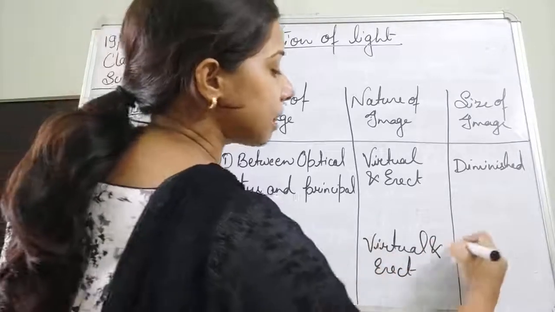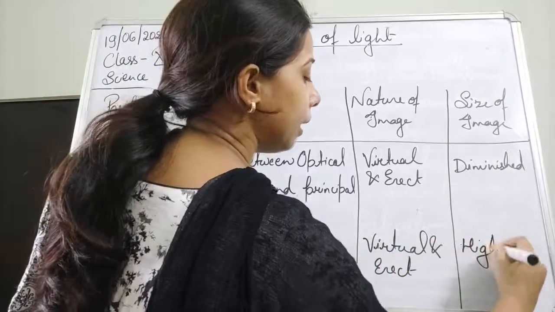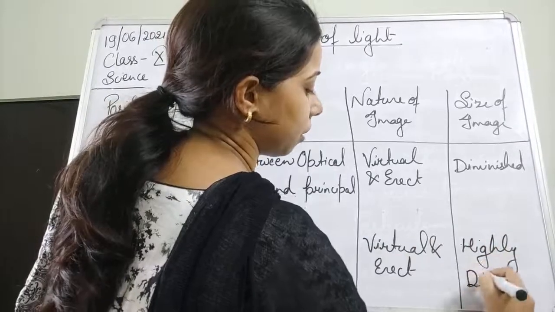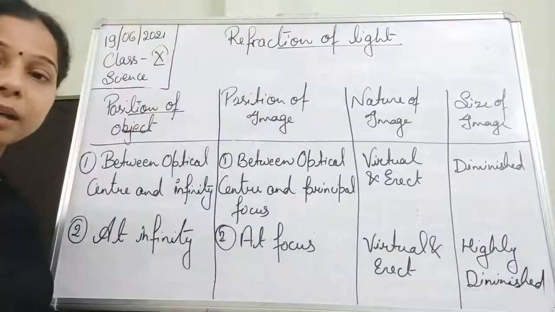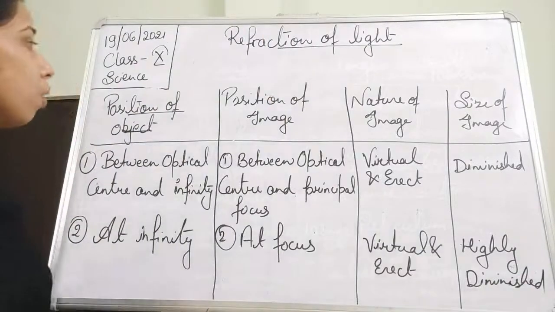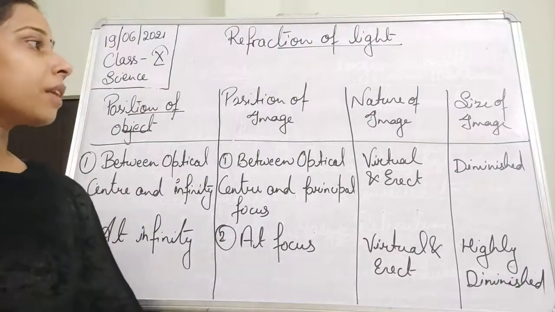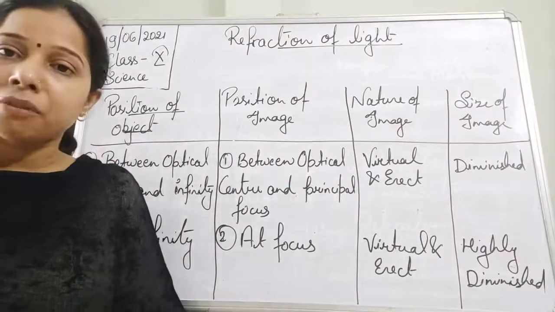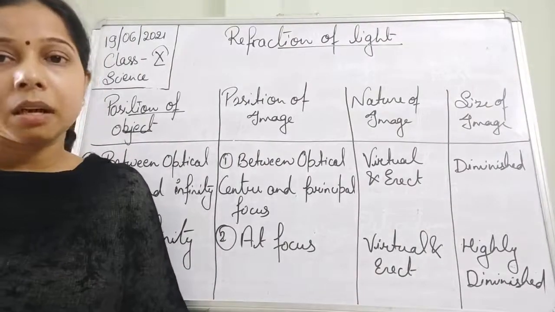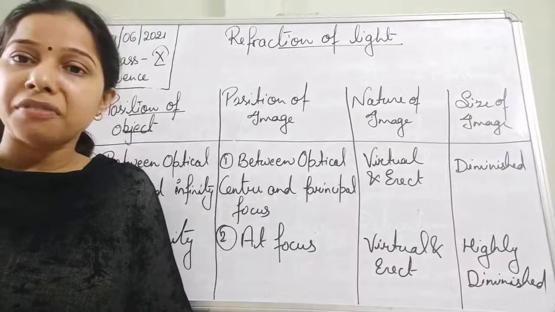Finally, the size of the image will be highly diminished. So these are the two different positions of the object when we keep it in front of the concave lens, students.